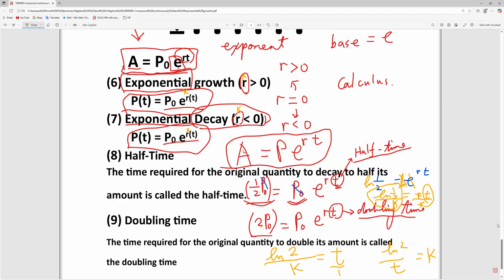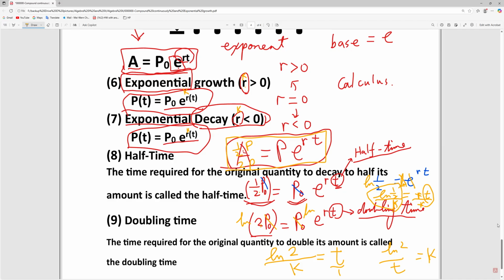But for me, I don't want to memorize too many formulas. So I would rather just memorize this formula and understand what half time means. Half time means this one becomes half, and doubling time means this one becomes double. And then I do some algebra, reducing. I divide by P0 on both sides and put the ln on both sides. I can easily solve for everything.